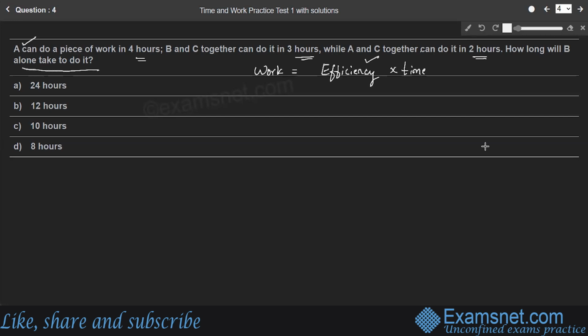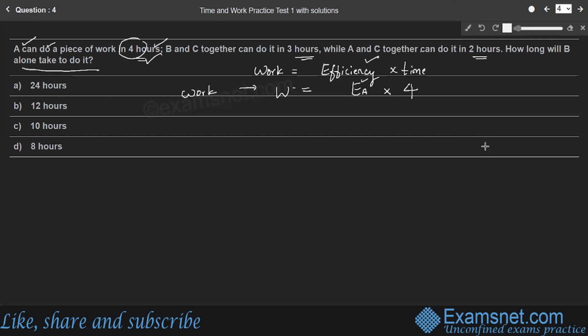Here it is given that A can do a piece of work in 4 hours. So let us assume W be the amount of work here, right? Work done by A is equal to efficiency of A, let it be EA, into the time which is 4 hours, right?